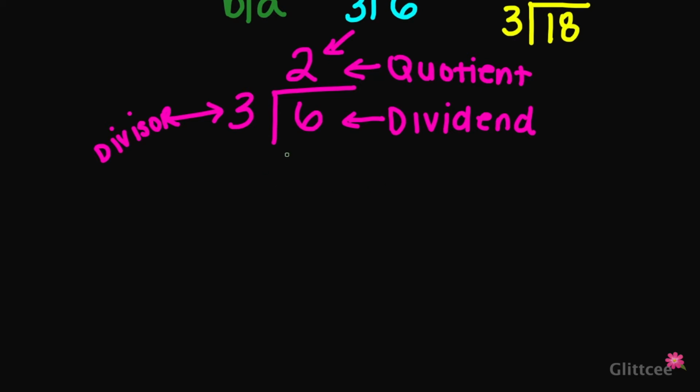All right, and let's say you had some leftover numbers down here. I'm just gonna put 0 as a placeholder. But if you had any leftover numbers, then that would be your remainder. And I just added 0 because that's our placeholder for now. All right, 3 is the divisor, 2 is the quotient, 6 is the dividend, and then whatever you have left over is your remainder.